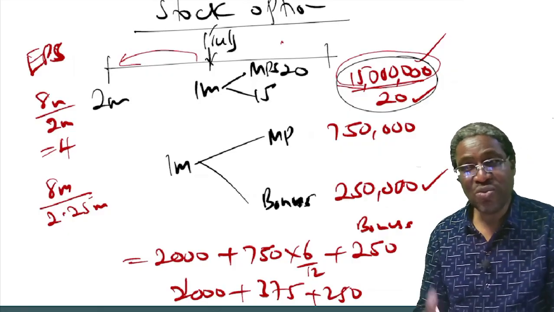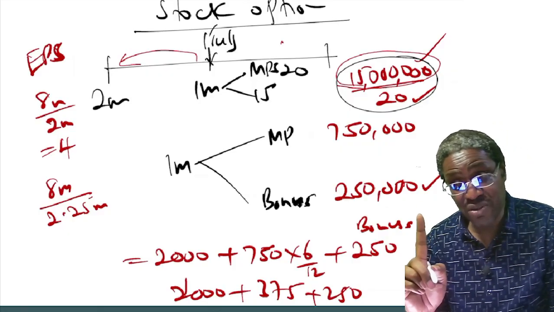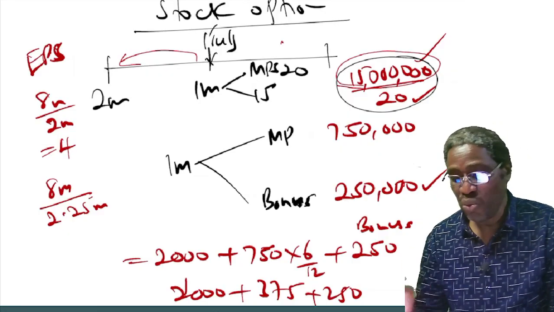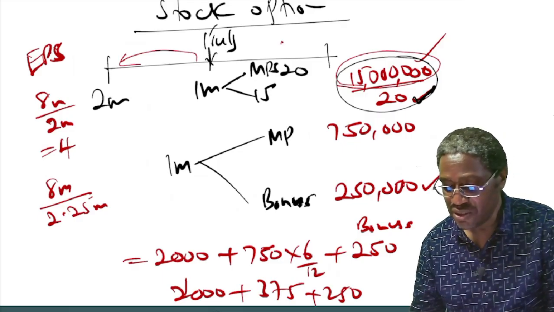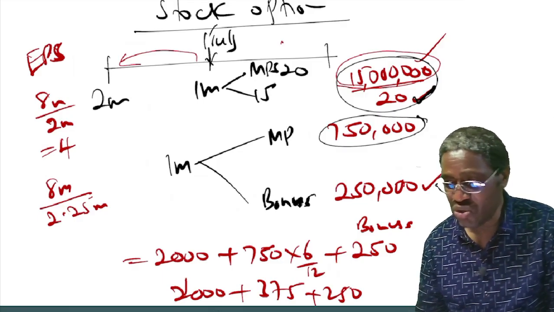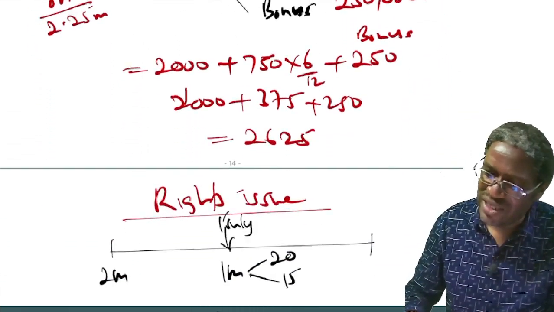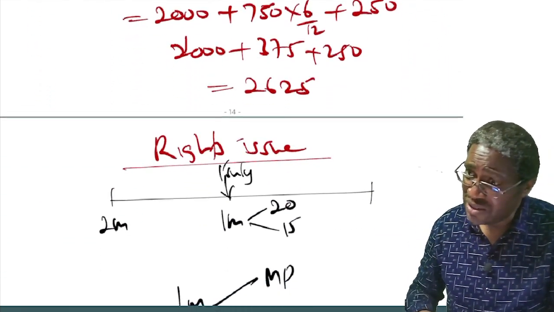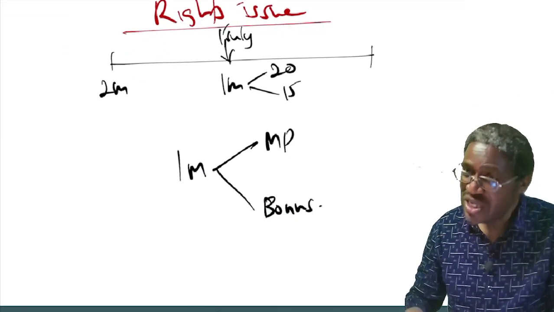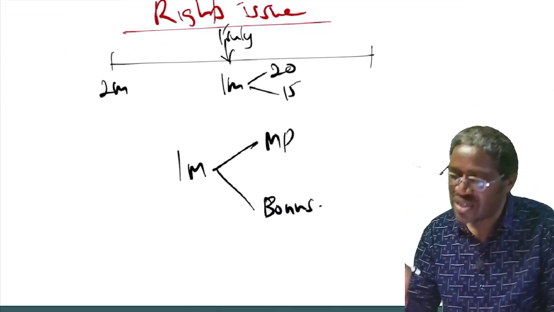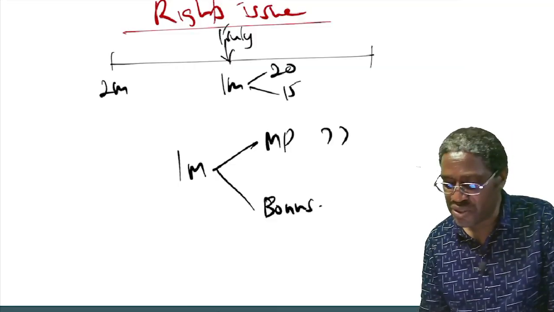There we took the 15 million amount received and divided it by the market price to get the number of shares deemed to be issued at full market price. So I don't want you to give me 750 again. Give me those which are deemed to be issued at full market price.